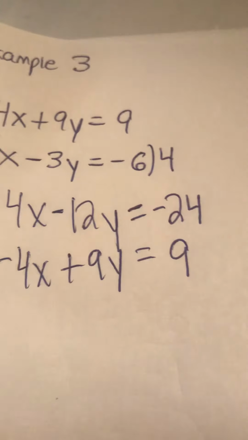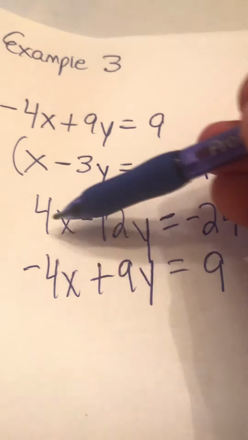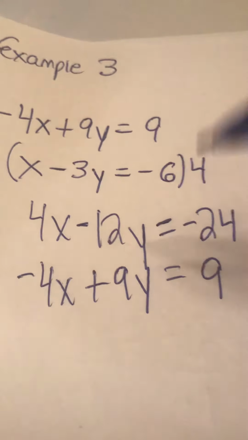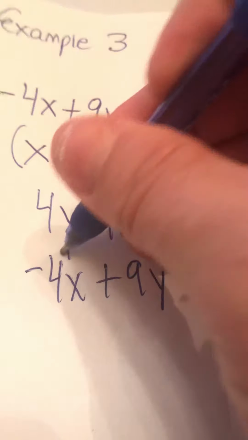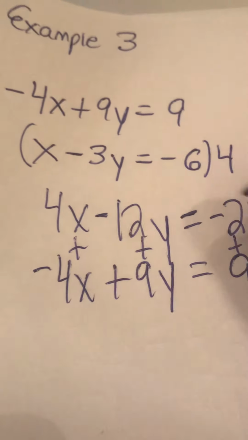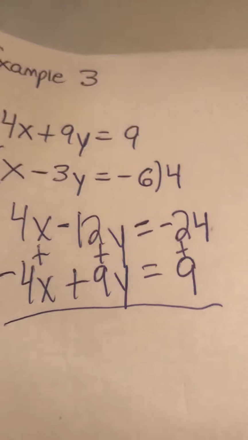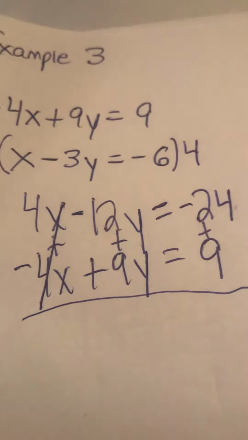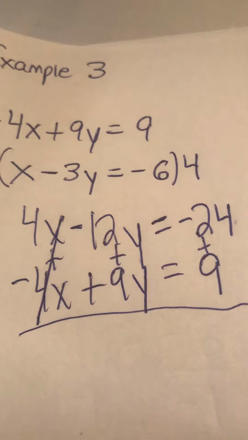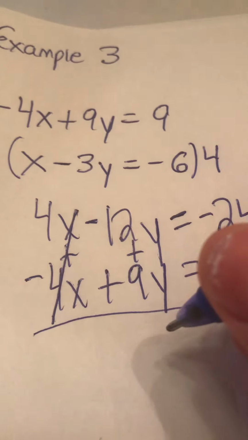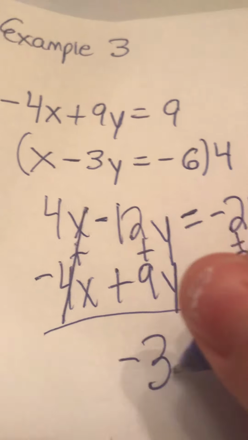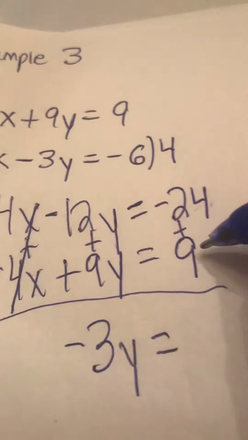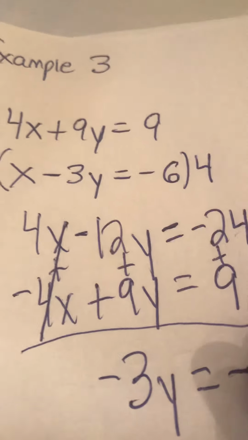And when we did that, notice that the 4 and negative 4 are opposites, and they can be eliminated by addition. So we're going to add throughout our whole equation. 4 plus negative 4 is just 0. We eliminated our x variable, hence the elimination method. Negative 12 plus 9 is negative 3y. And negative 24 plus 9 is negative 15.